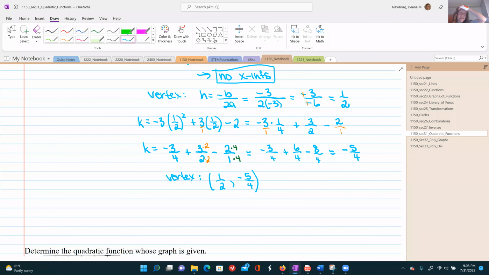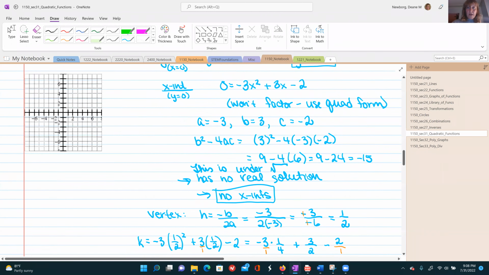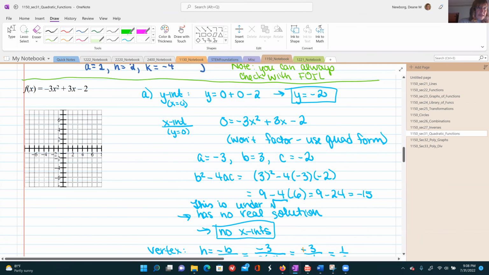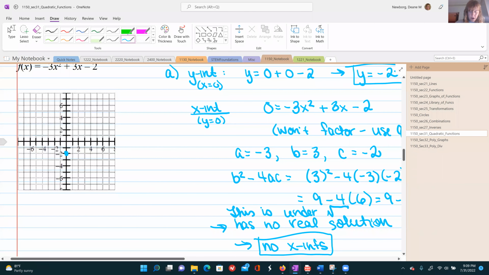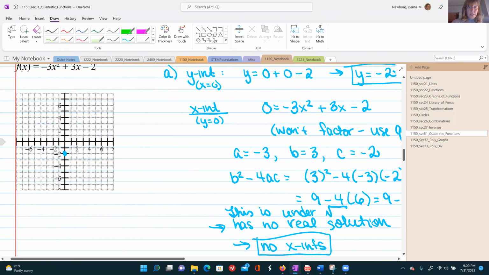And then I think they asked us to find the axis of symmetry, and it's always x equals a number because it's a vertical line, and it's the x coordinate of the vertex. So the axis of symmetry will be x equals 1/2. Okay, so let's plot everything we have so far. So the y-intercept is -2. There are no x-intercepts.